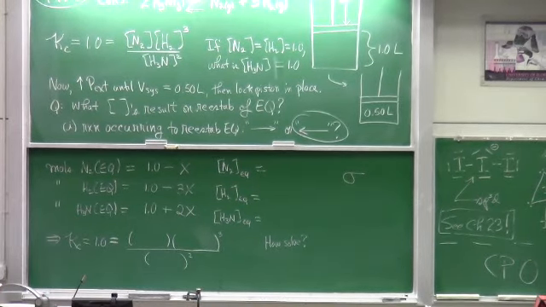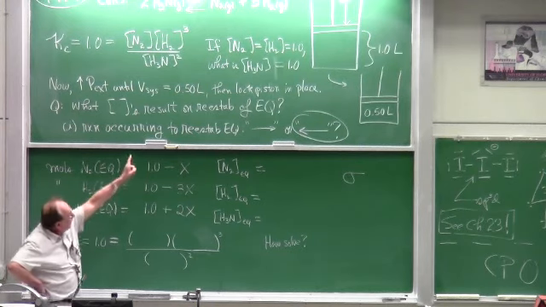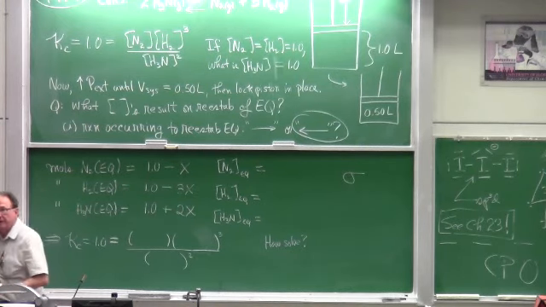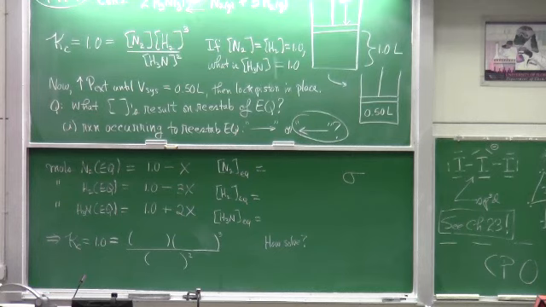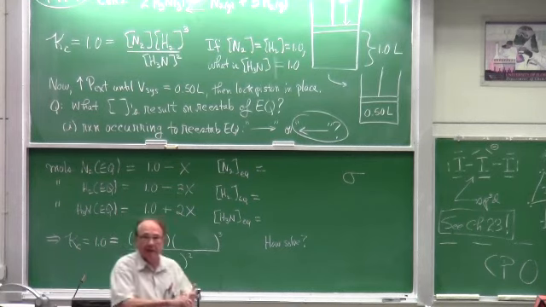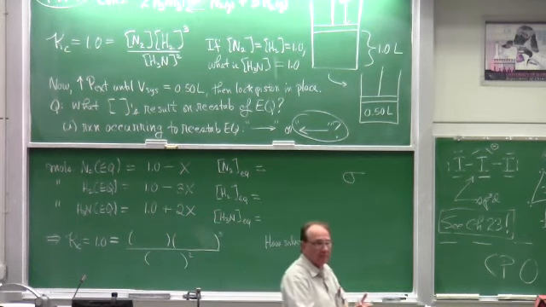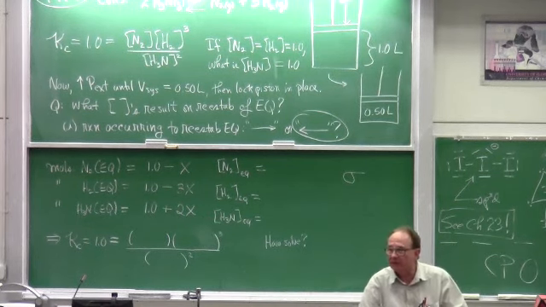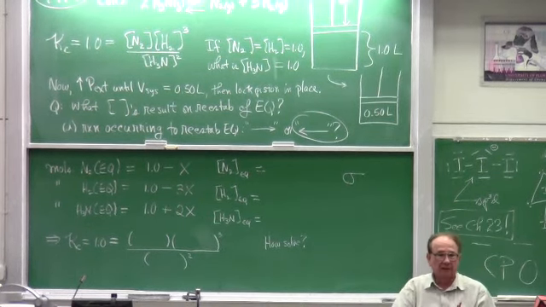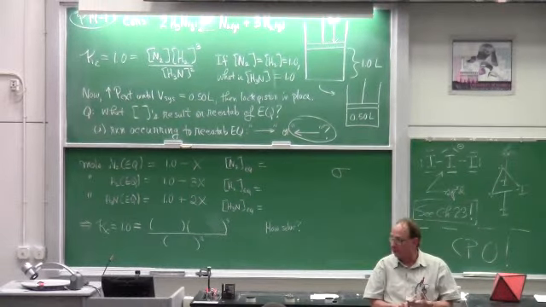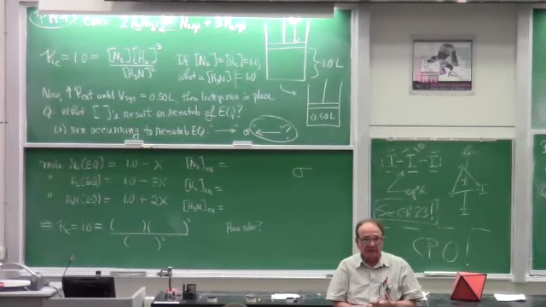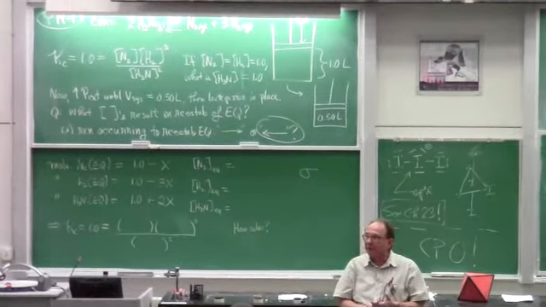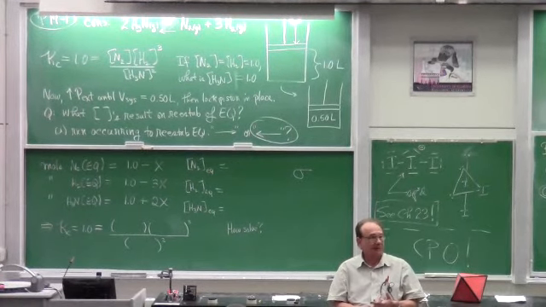Now then, when we have the convenience of mole amounts being contained in a 1 liter volume, then mole amounts and molar concentrations are numerically equal. But as soon as I change the volume from something other than 1 liter, now I've got to pay attention to volume.